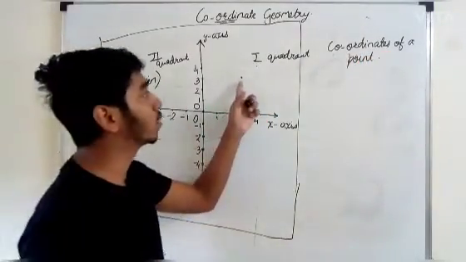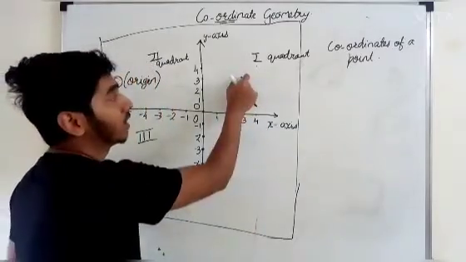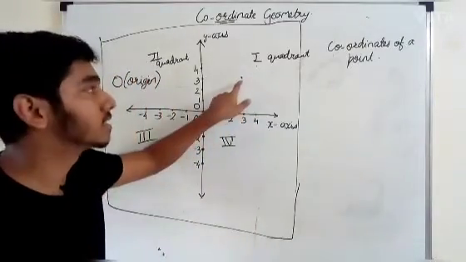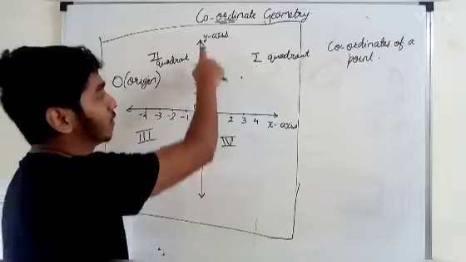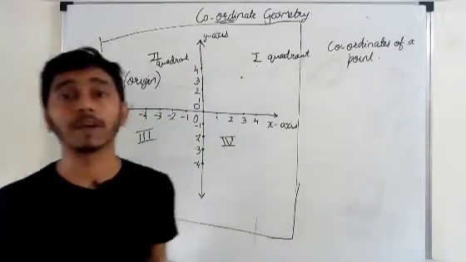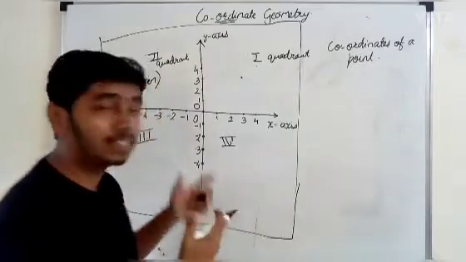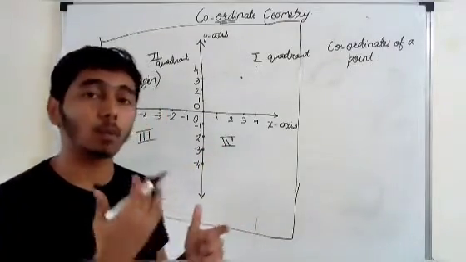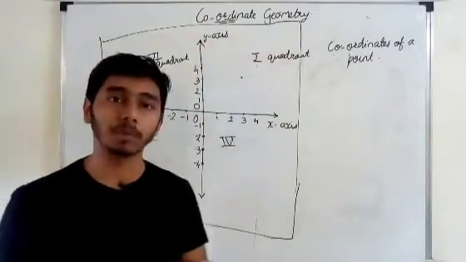We want to find the coordinates of this point, like at what particular position this point is located with respect to this. I hope you are understanding what we are doing, because this is just the basis of what coordinate geometry is.